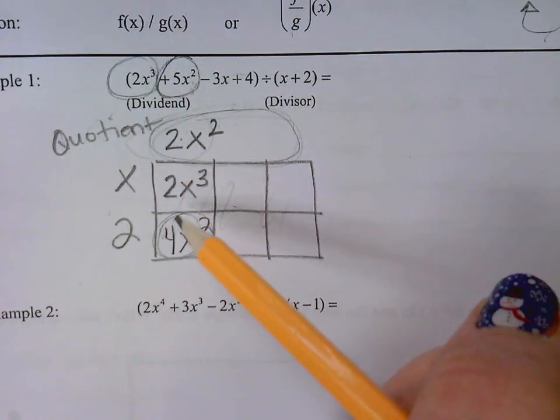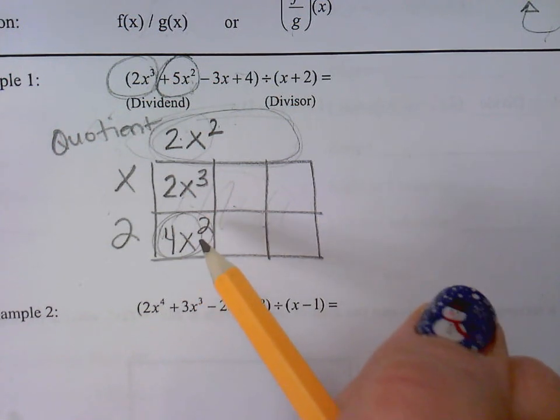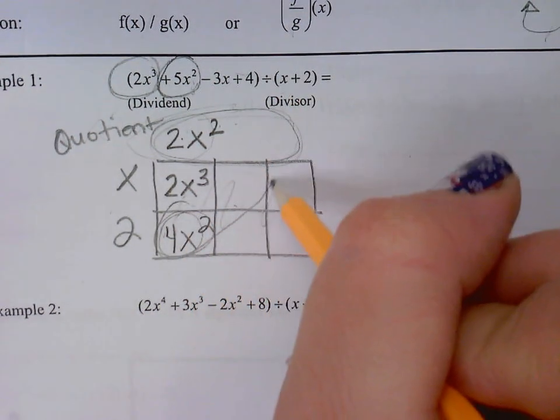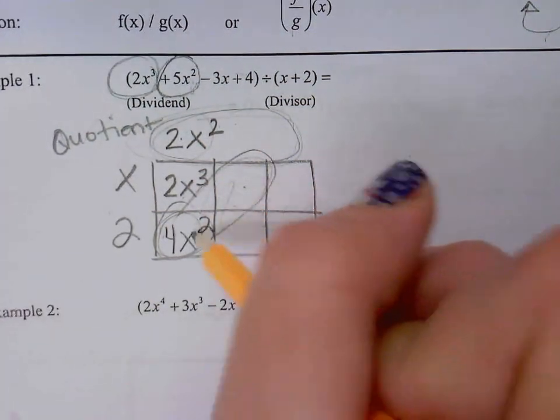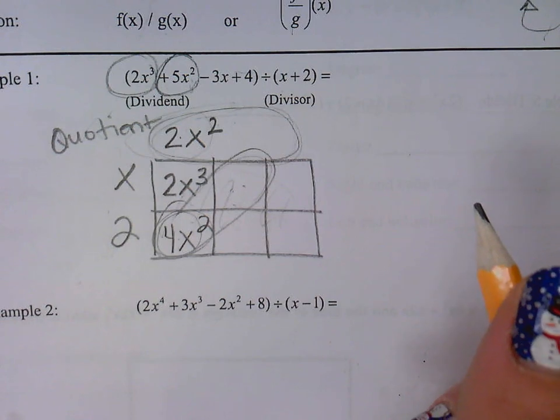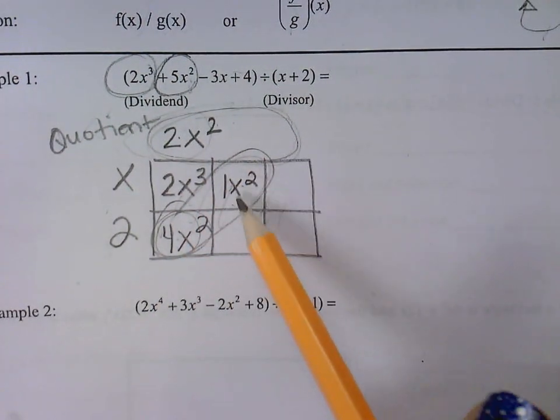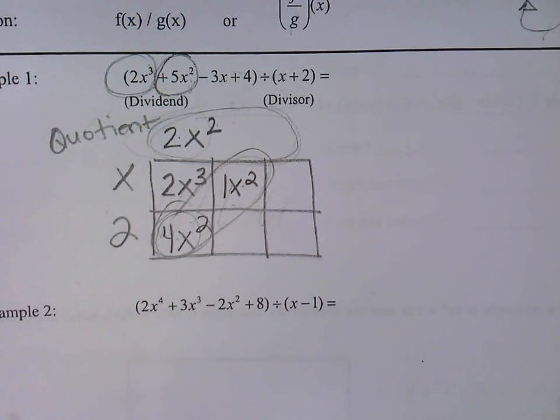How many x squareds do I currently have inside my box? 4x squared. So how many x squareds need to go on this diagonal so that these add up to the 5x squared that I need? 1x squared. Right? Remember when we did multiplication, the diagonals ended up being like terms?